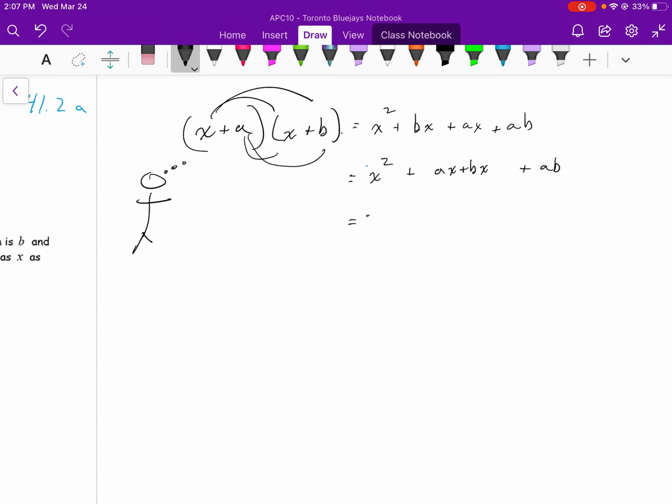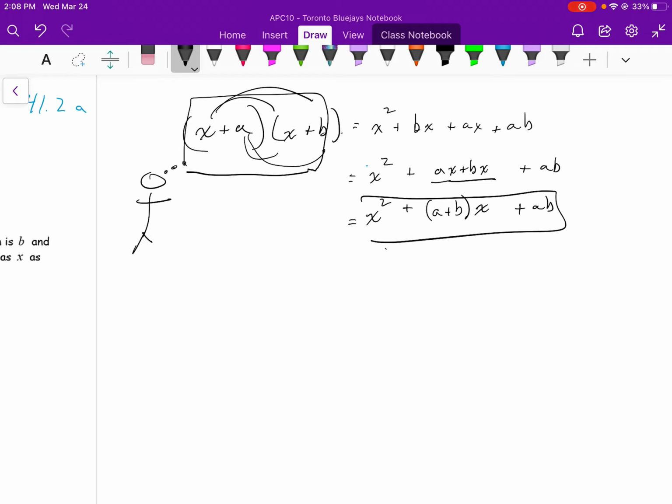Now, I'm going to do something really bizarre here, and this is almost like a mathematical proof. I'm just going to factor out x from these two, only these two terms. And the reason I can do that is because the greatest common factor is x. I'm just going to factor out x. So, wait a second. I have it. Now, did you know that this is equal to this?